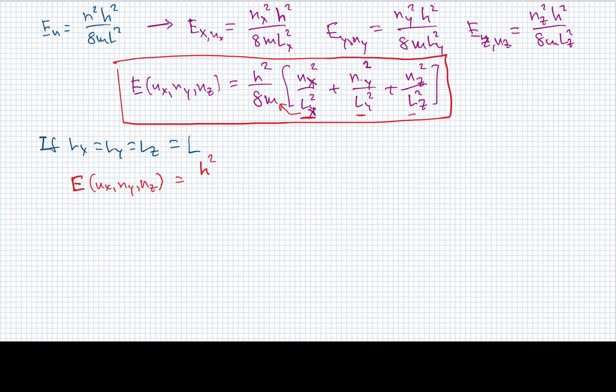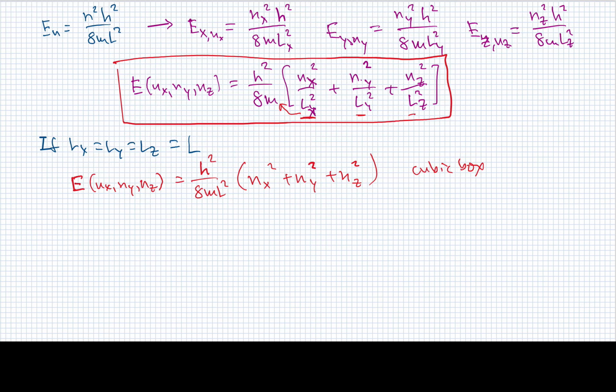So I'll have h squared over 8m L squared, and now I simply have nx squared plus ny squared plus nz squared. All right, this is for a cubic box in which the particle is.